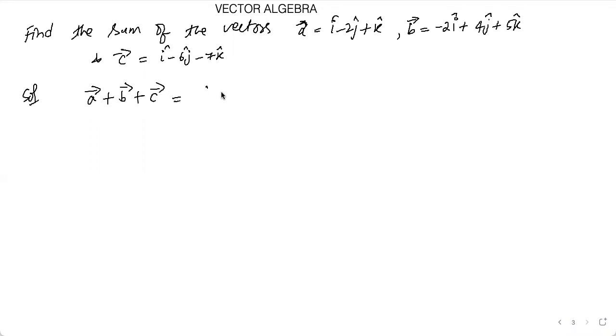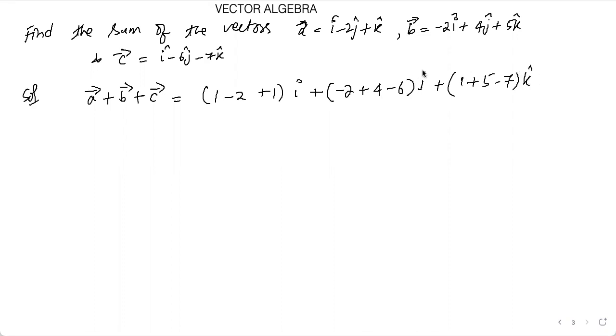So taking the I components, the coefficients of i, that will be 1 minus 2 plus 1, plus we'll have j, with respect to j, minus 2 plus 4 minus 6, and we'll have k, that is 1 plus 5 minus 7 into k.